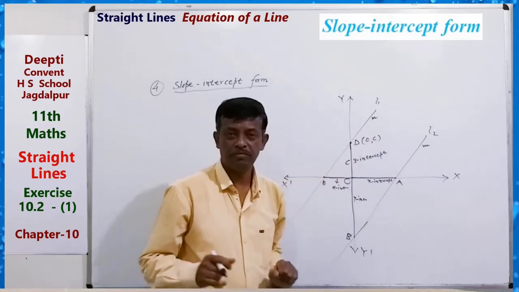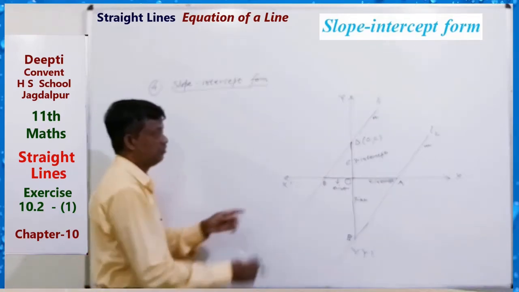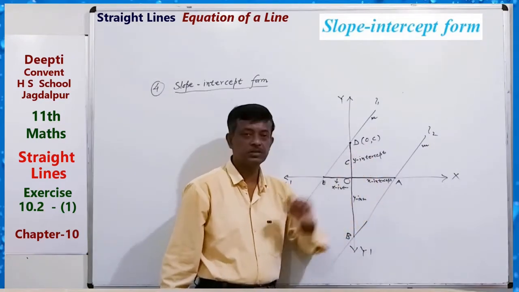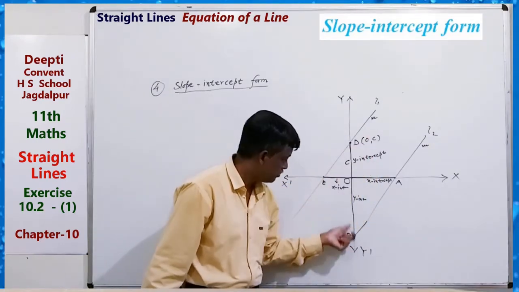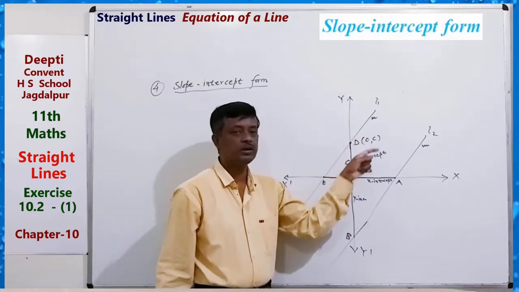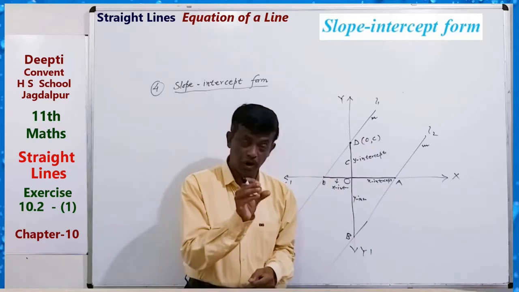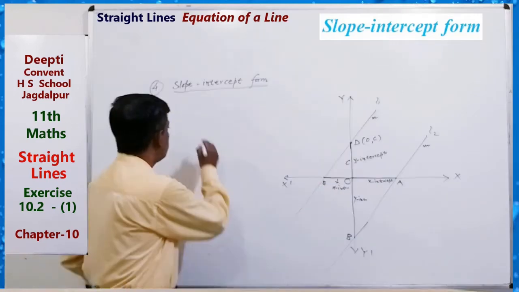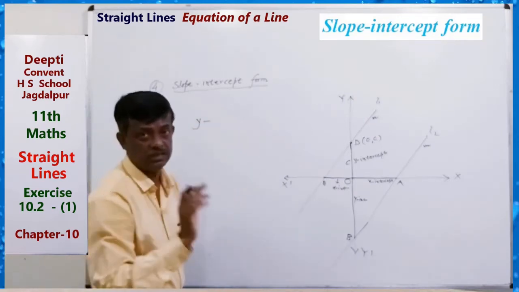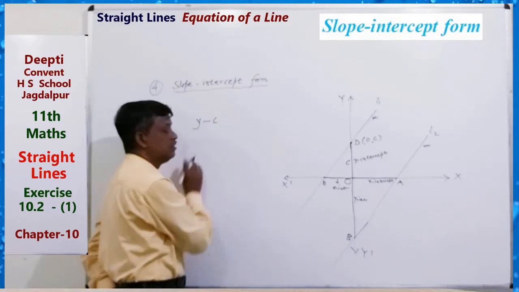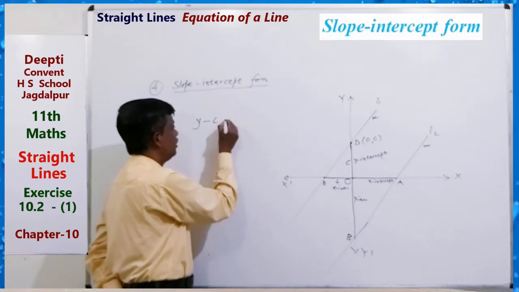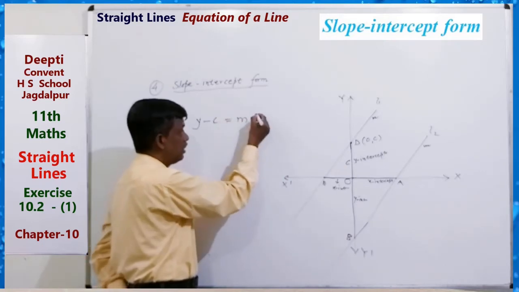We can use point slope form for this, because this is the y-intercept, (0, c). c may be negative also. If the y-intercept is given, then this is the coordinate through which the line passes. This is the point, this is the slope. So point slope form is y minus y1 equals slope times (x minus x1).